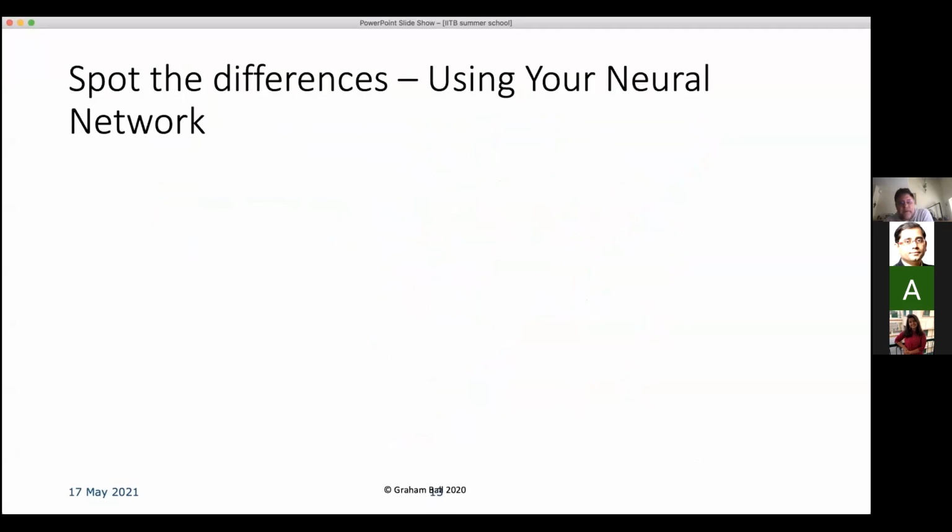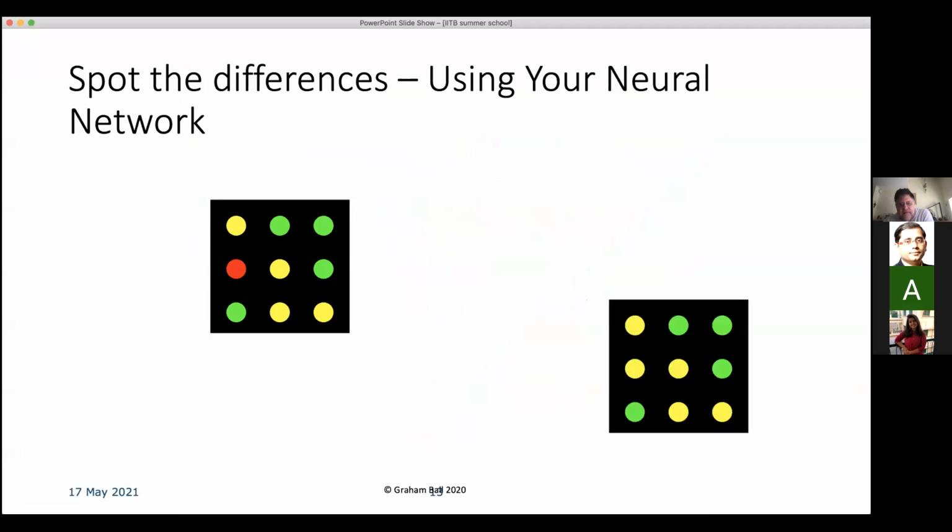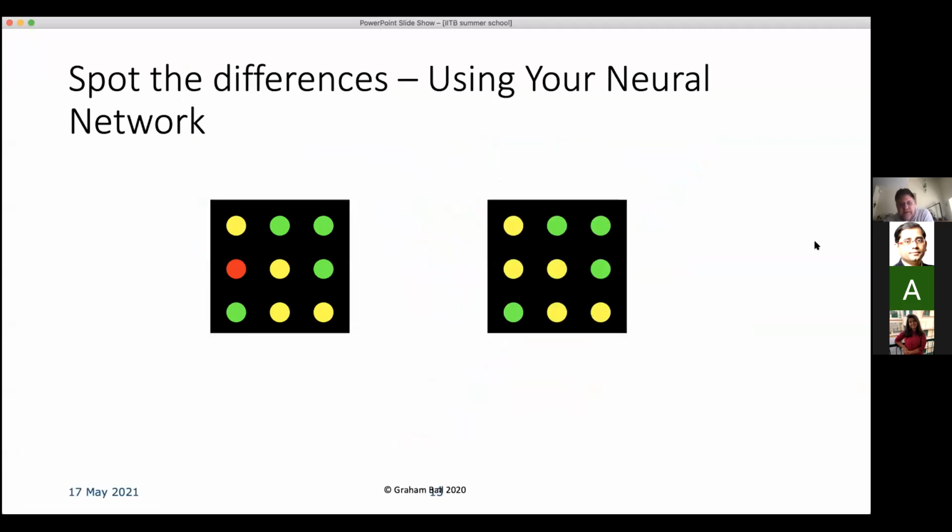Now, just to illustrate quickly how computers are better than people at finding patterns, we'll just show how this works. So this is a hypothetical expression array, and here with a simple 3x3 array, you can see the differences between the two, unless you're red-green colorblind, which I apologize for.